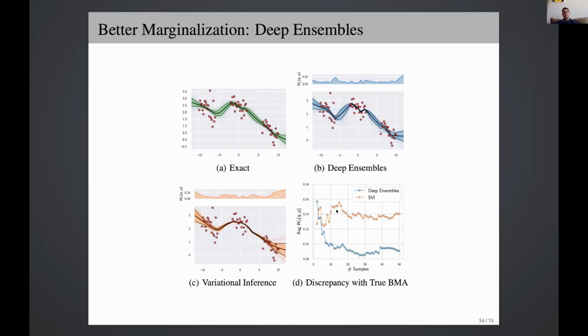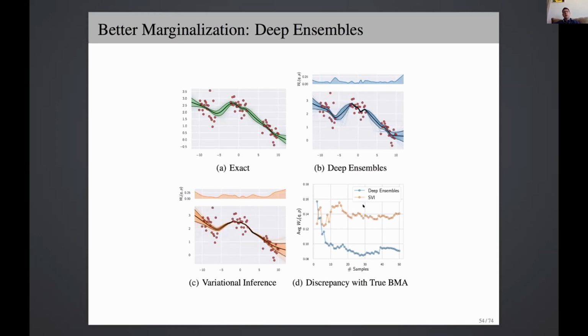In fact, taking more samples within this single basin doesn't seem to really be improving the approximation to the unconditional predictive distribution, the predictive distribution not conditioned on our parameters W, which is also an interesting observation.